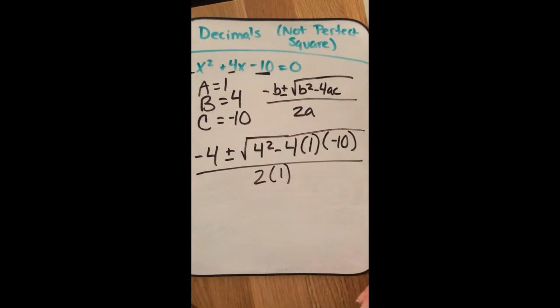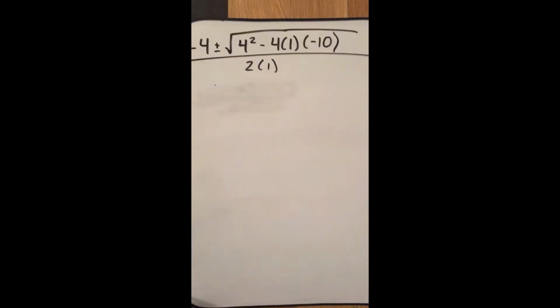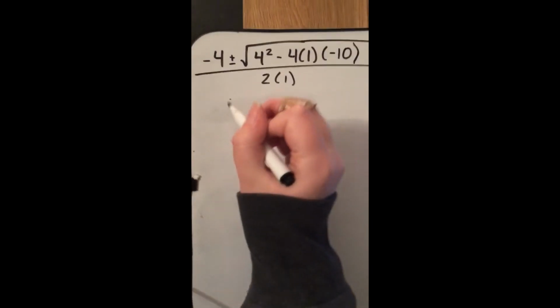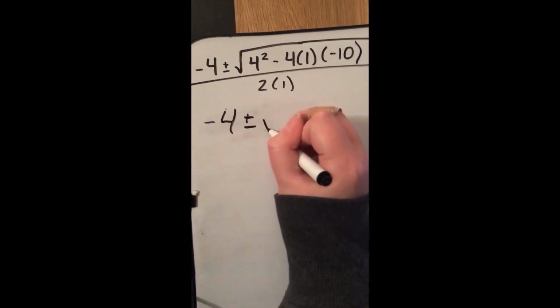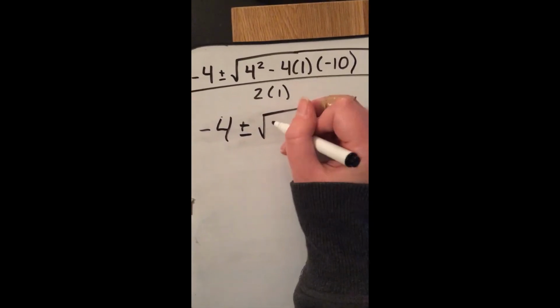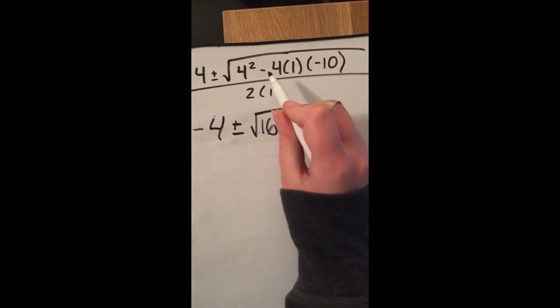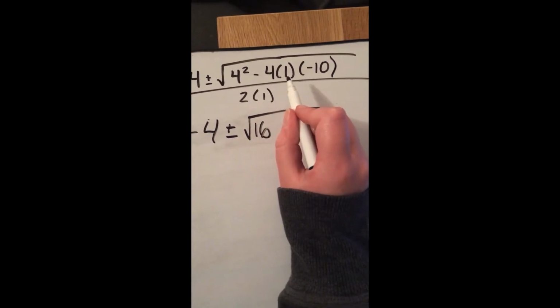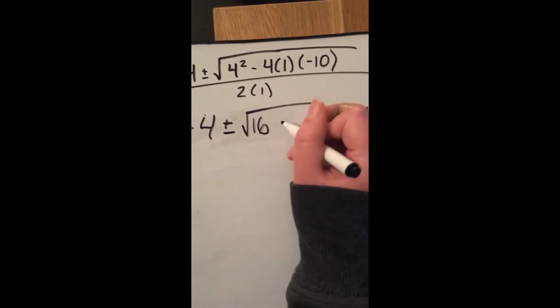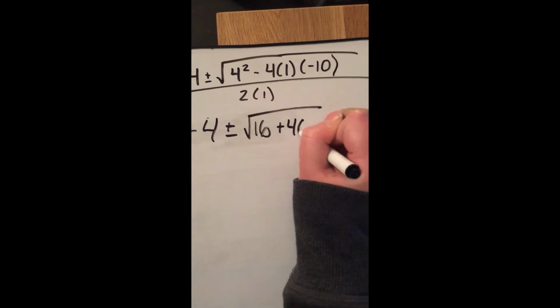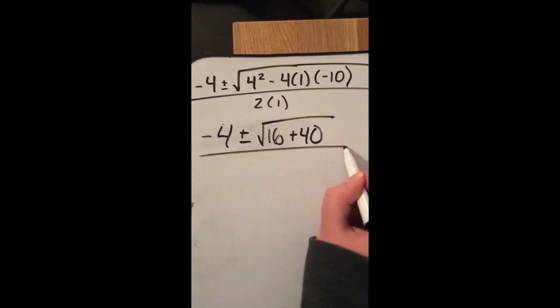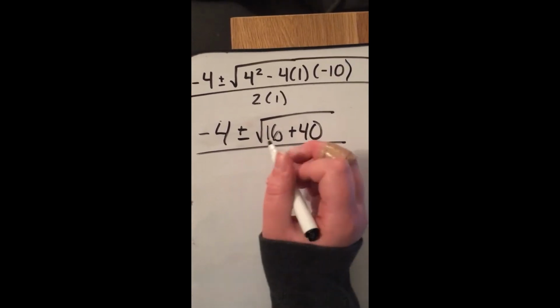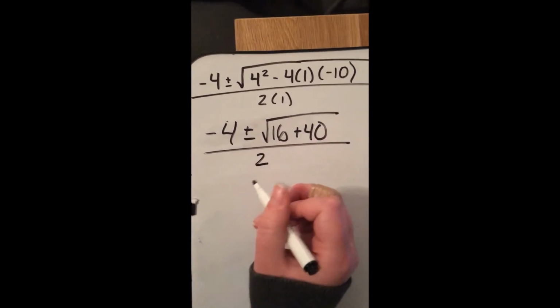Now we're going to have to simplify this. Negative 4 plus or minus, 4 squared is 16. Negative 4 times 1 is negative 4, times negative 10 is positive 40, because remember, a negative times a negative is a positive, all over 2 times 1, which is 2.